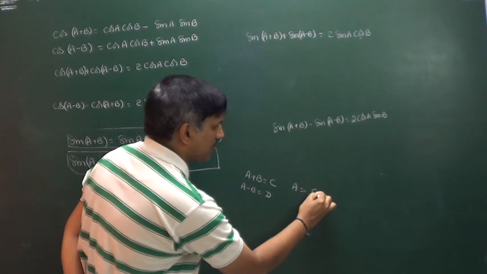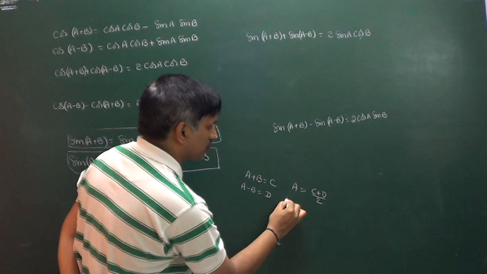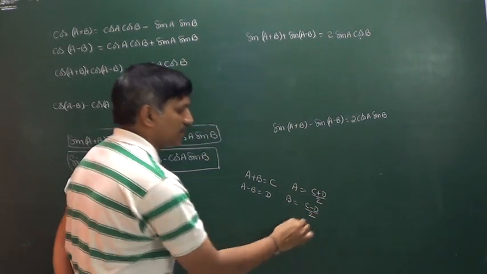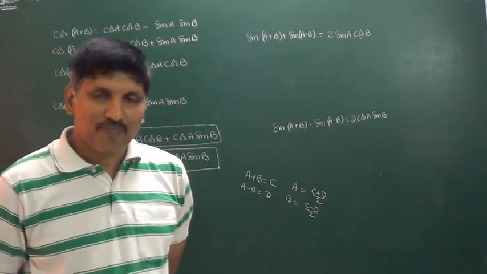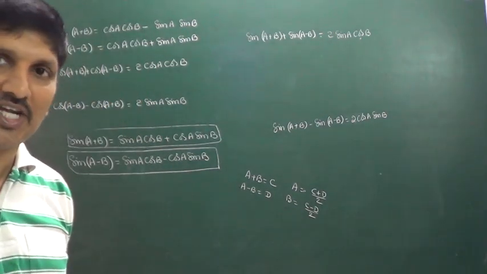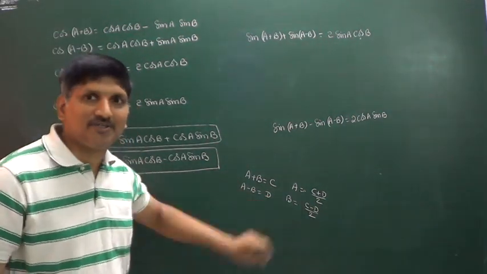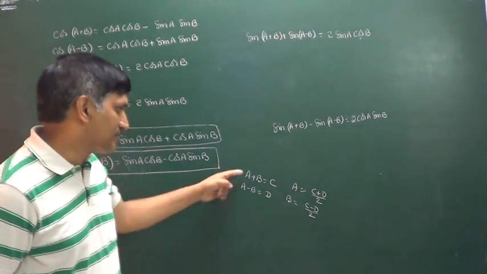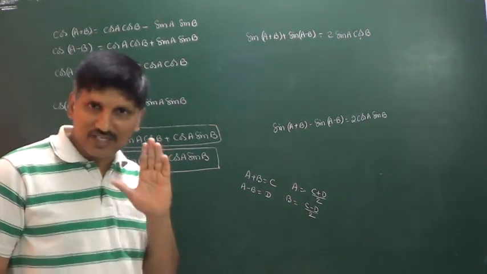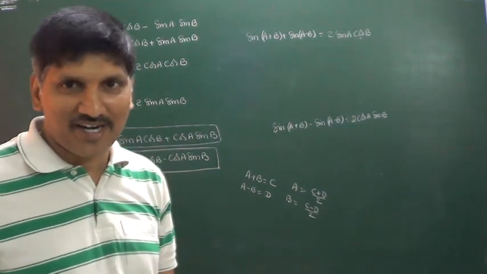A we have to write (C+D)/2, and B is equal to (C-D)/2, or not. Add these two, you will get A is equal to (C+D)/2. Subtract these two, you will get B is equal to (C-D)/2. Yes or no? Yes. With this idea, again we are going to get formulas.